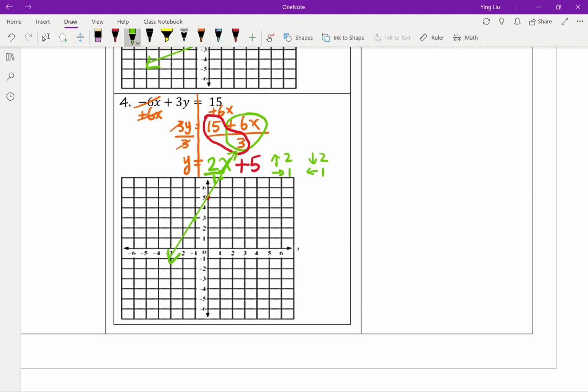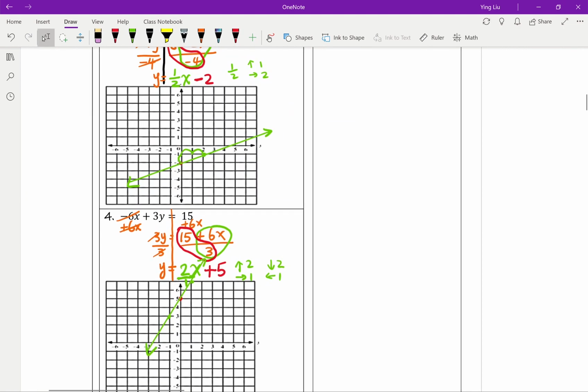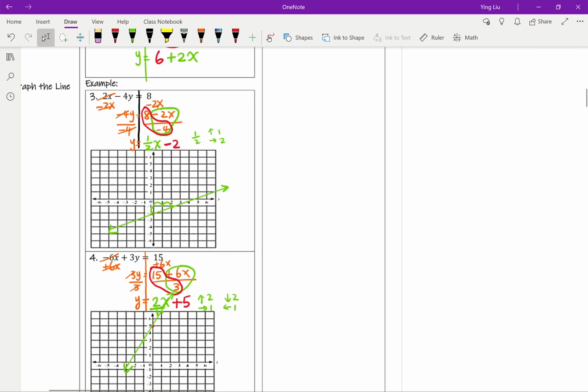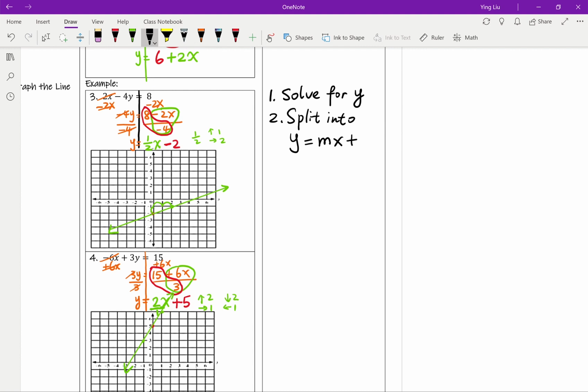Okay. So to sum up, the steps are, well, number 1, solve for y. And then you would split into y equals mx plus b.